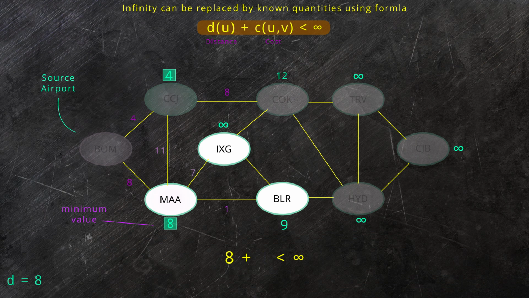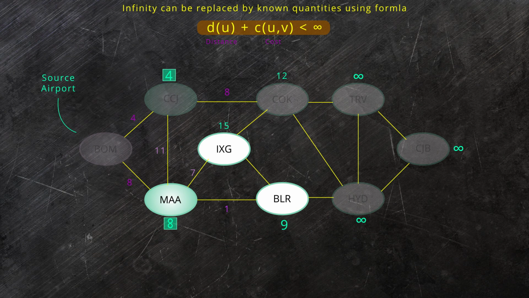So 8 plus 7 is 15. 15 is less than infinity, so we will be updating IXG. So all the routes from MAA to IXG and BLR have been updated, so this node will also be selected.